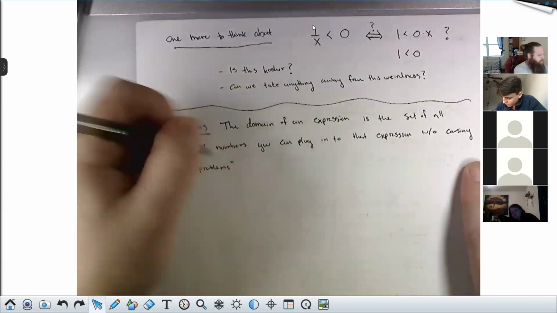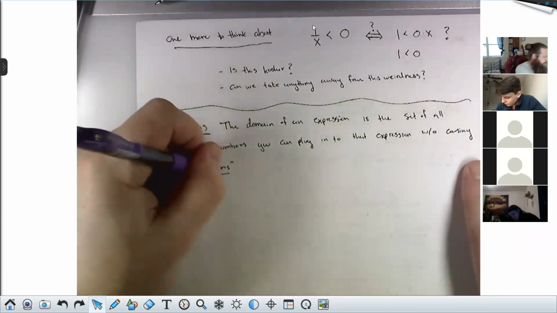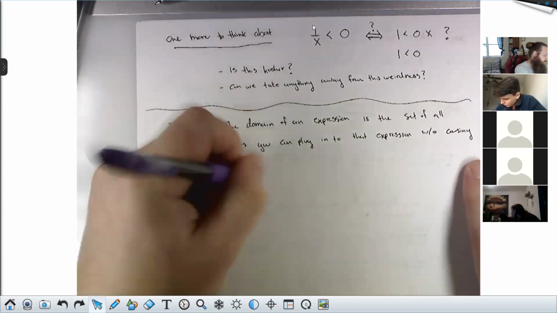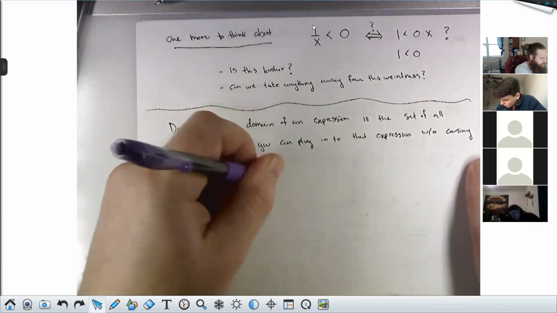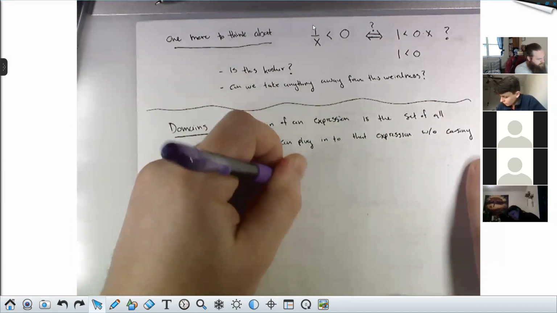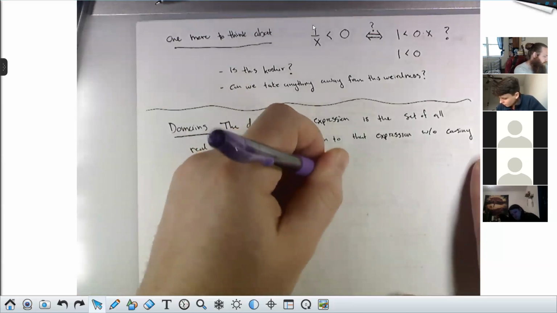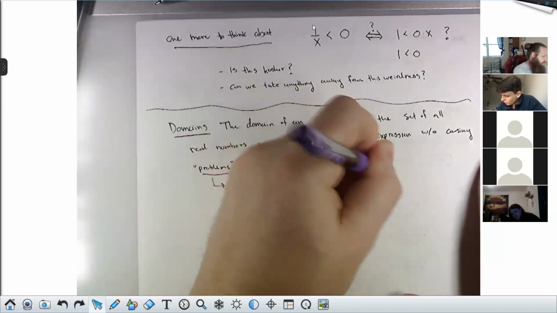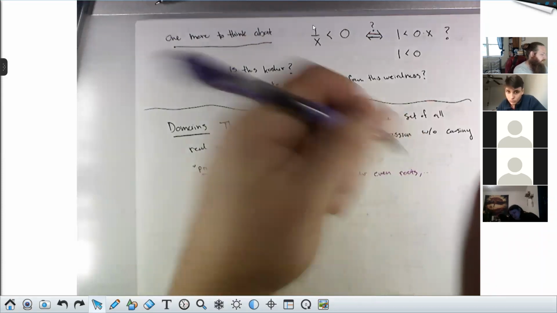Without causing problems. And what I mean by problems, I mean things like zero denominators, negatives under even roots, stuff like that.